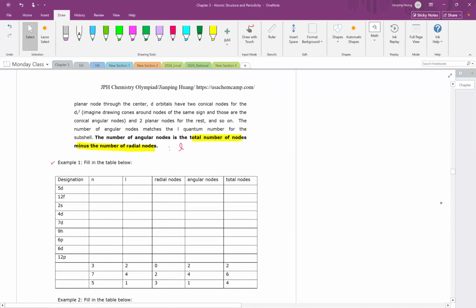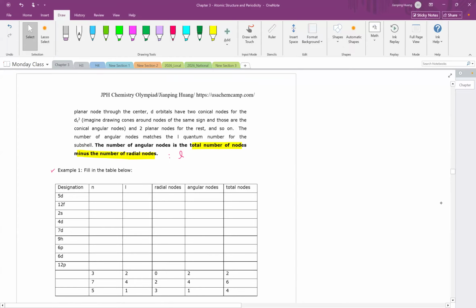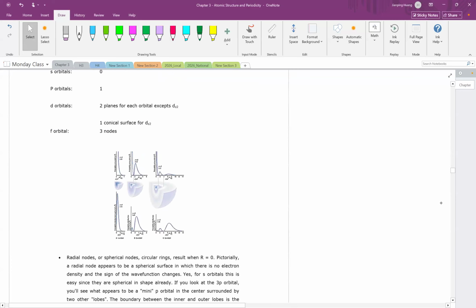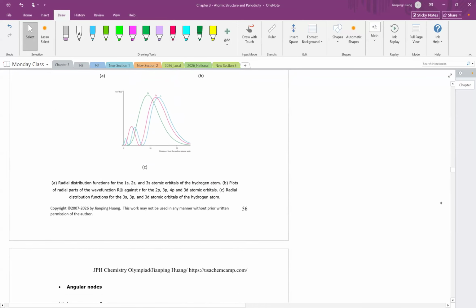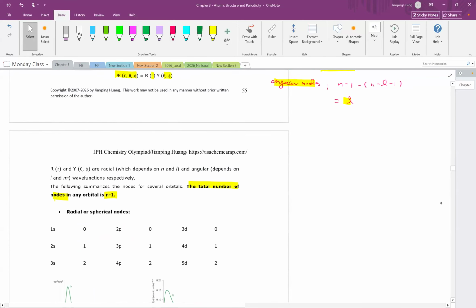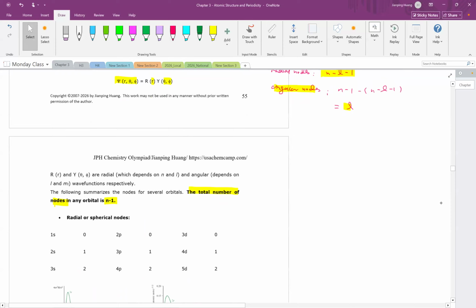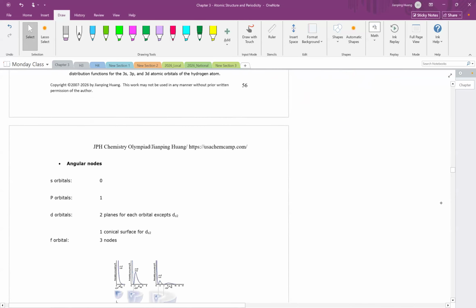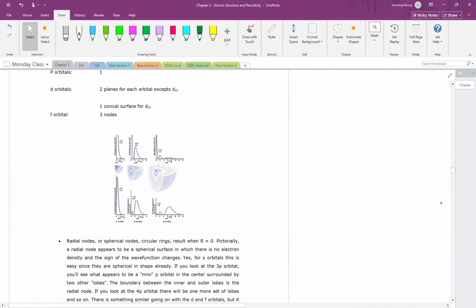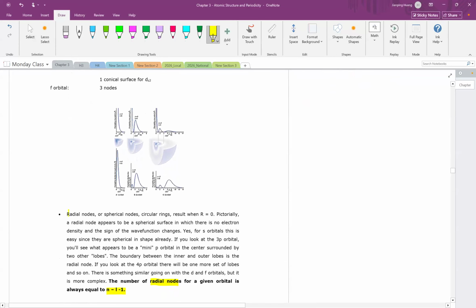Now, the nodes, you have two parts. Someone doesn't understand what the angular nodes and radial nodes are. Let me show you radial nodes. Radial nodes are like a spherical ring. At a certain distance R, like a sphere surface, there's no electron.